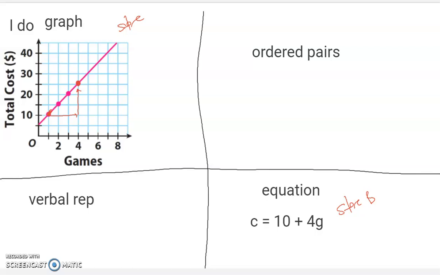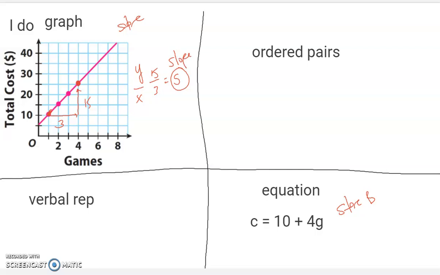In this case, the games increase from 1 to 4, that's 3. Cost increases from 10 to 25, that is 15. So my y to x change ratio is 15 to 3, that is 5. So that has a slope of 5, it would appear.